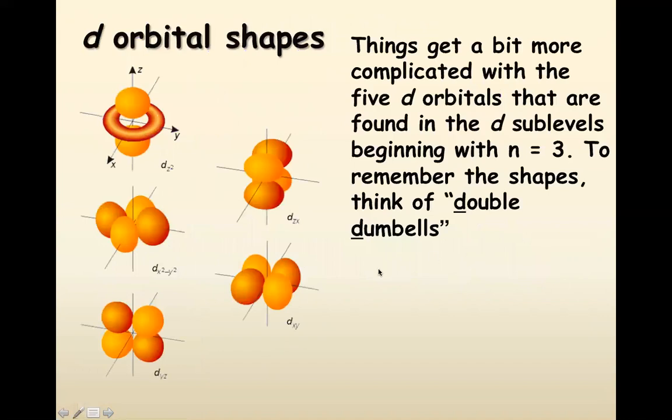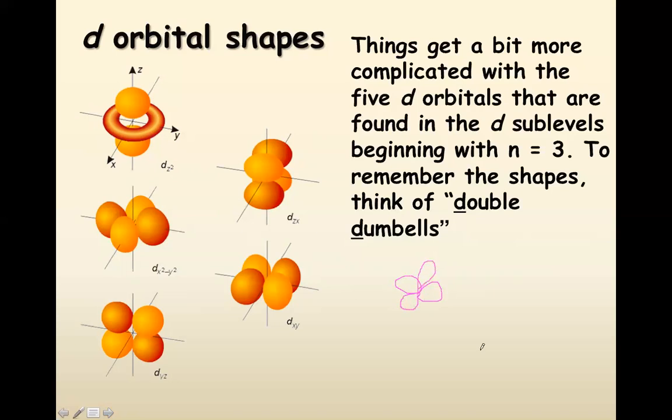D orbitals have a shape. 4 of them actually look the same. One of them looks a little different. So there are 5 d orbitals. So if you want to draw one of them, they have lobes that look like this. And to me, you can say that they look like a daisy if you want to.